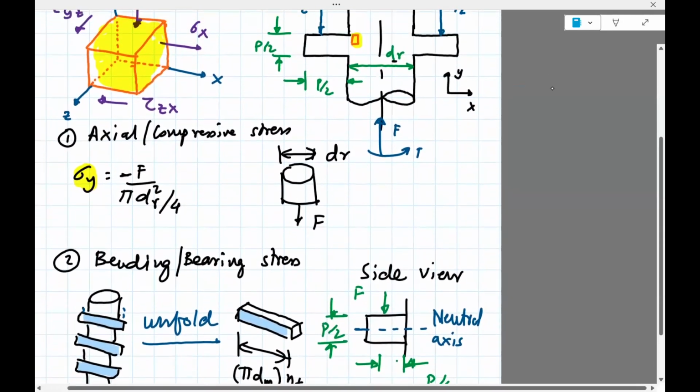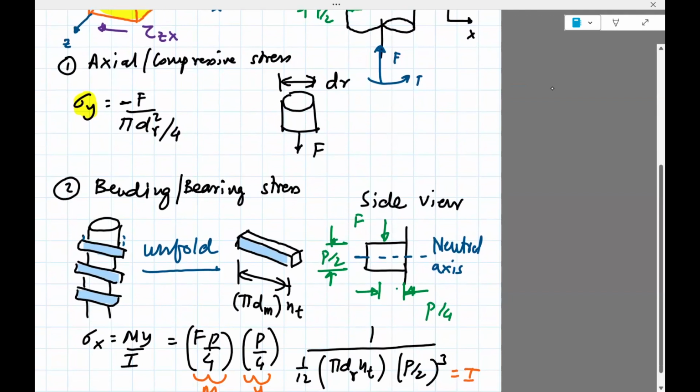Next, we'll look at the bending stress. What we need to do for this is kind of interesting. We have a screw, we have these threads. We basically unfold it, pull it out. One of them is pi dm, the circumference.